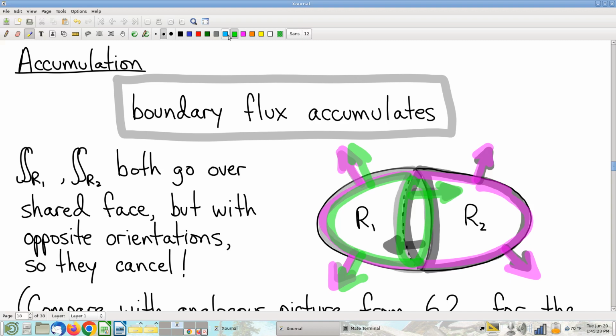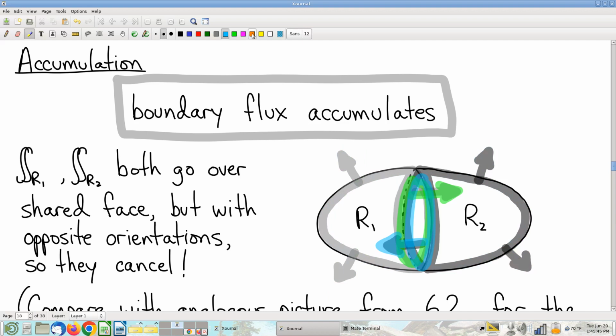And then you look at the outward-oriented boundary flux for the right piece. That, again, tracks the purple. But then there's also this blue. And when you compare the purple with the green and the blue, there's a lot of cancellation.